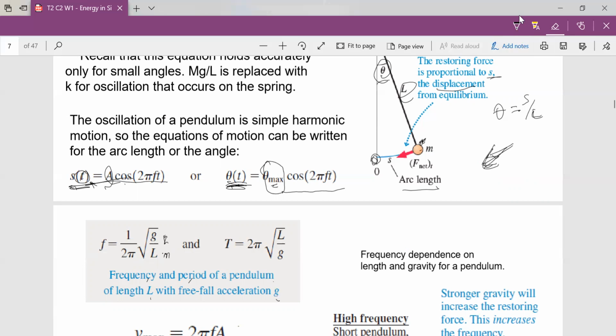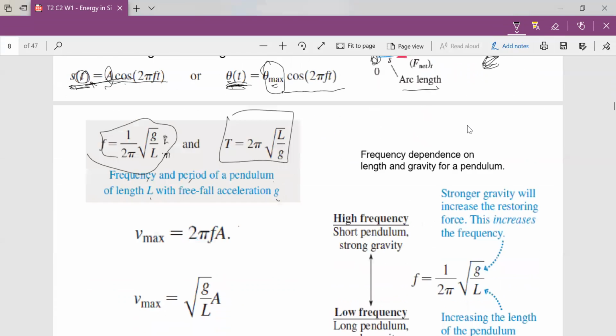Also take note that the frequency for pendulum motion is given as half pi, or 1 over 2 pi, root g over L. The inverse gives you the period as well. So this is the period and frequency for pendulum motion.